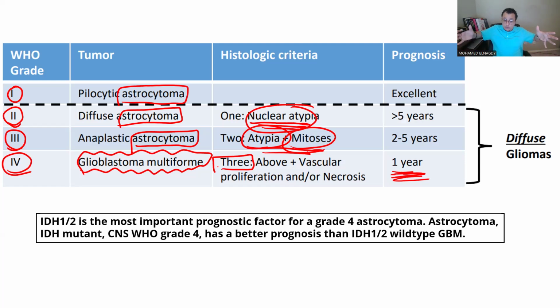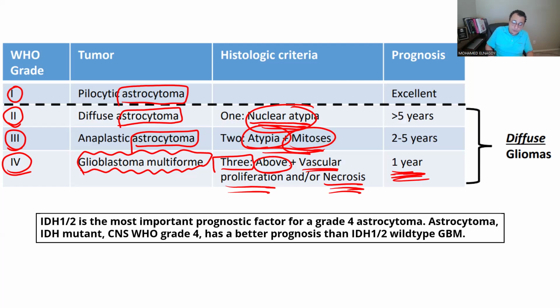The tumor is so fast growing that there are areas of necrosis despite the high vascularity and blood supply. The oxygen and the supply are never enough, so areas of the tumor undergo necrosis. So necrosis with endothelial hyperplasia, vascular proliferation, plus nuclear atypia and mitosis, this is the GBM or glioblastoma multiforme.